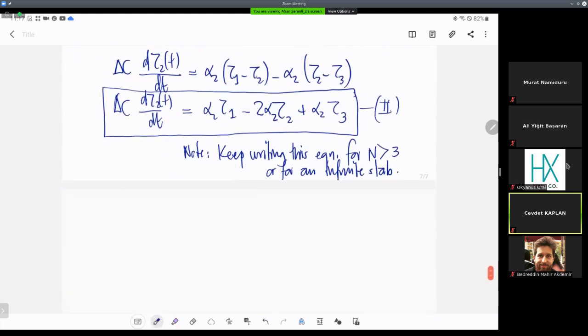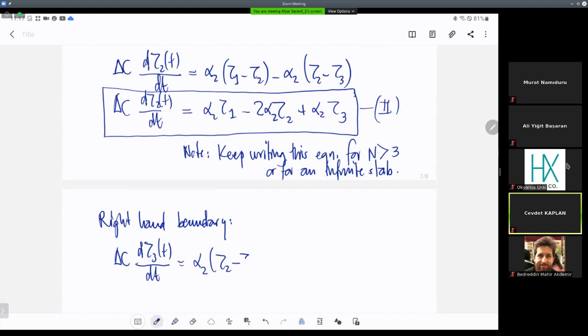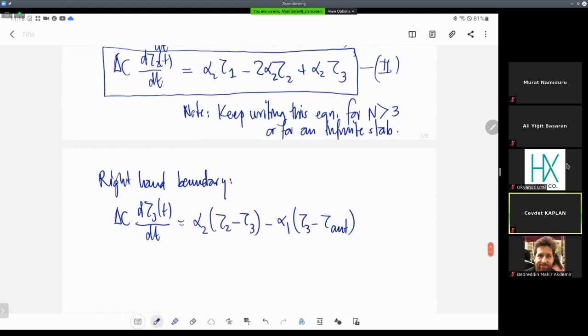Okay, but for our case where we also have the other, right-hand boundary, we have delta c d tau 3 of t over dt, and that's going to be alpha 2 times tau 2 minus tau 3, minus the outflow, alpha 1, because it's the other boundary with the surrounding environment, times tau 3 minus tau out, which is the other boundary variable.